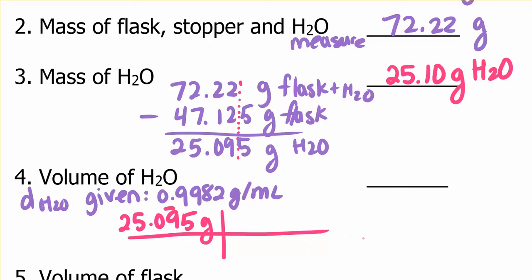I'm setting this up as a conversion factor type problem, and I'll show you why in a second. I've got grams up here, so I want grams down here. And I'm trying to get to milliliters, which is the volume, milliliters. And then in this spot, I'm going to use the density. The density is this 0.9982. And that's per 1 milliliter.